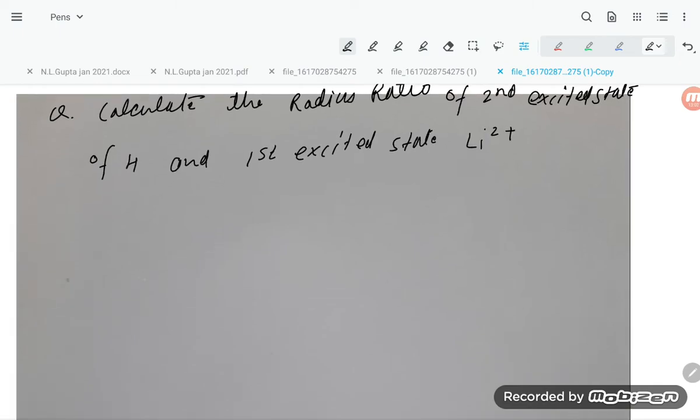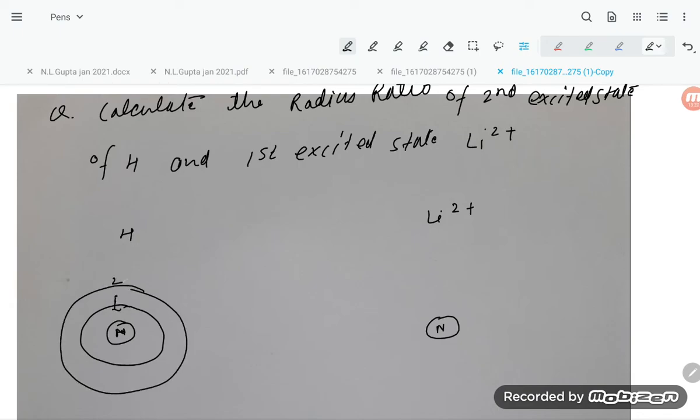So dear student, firstly you see, one I am having is hydrogen, another we are having is lithium 2 plus. Suppose this is the nucleus, and here this is also a nucleus. This is the first orbit, then the second orbit, and this is the third.